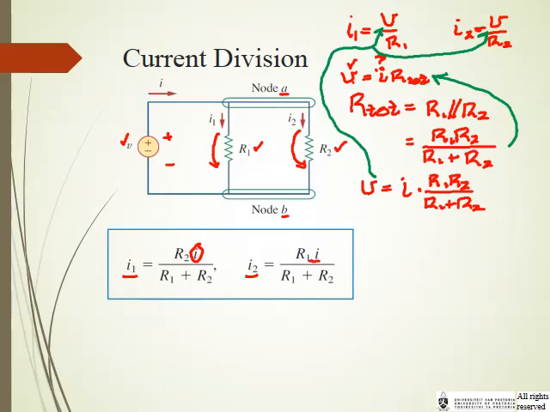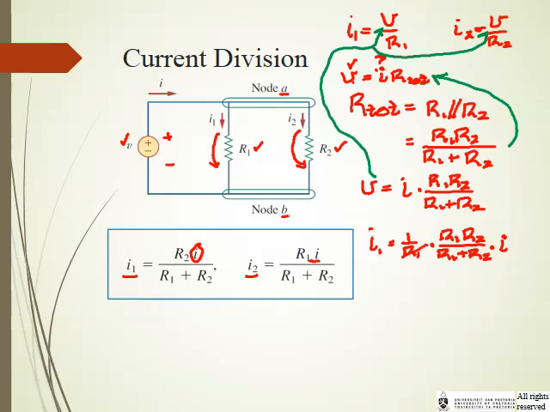What does that then mean? That means that I1 equals 1 over R1, so that's what's left, multiplied by, now we substitute the voltage, R1 R2 over R1 plus R2 times the total current.